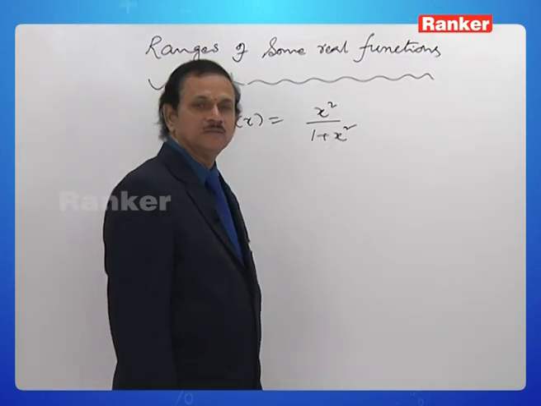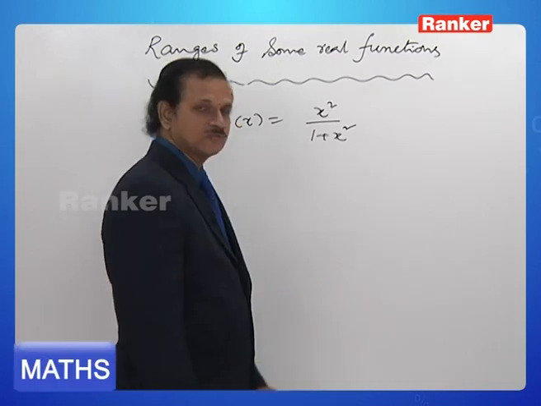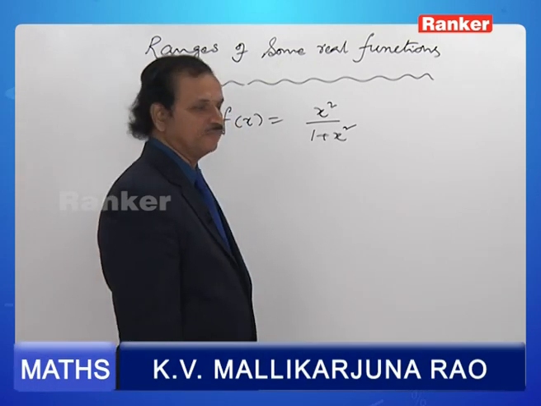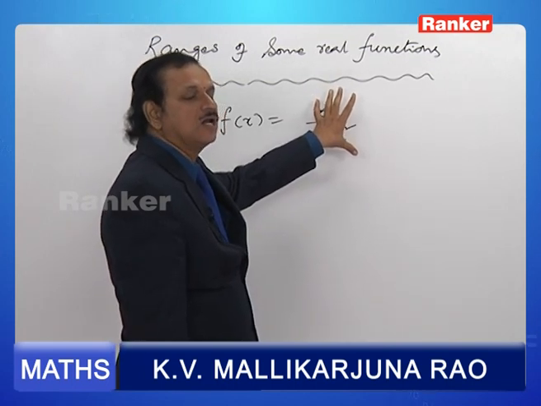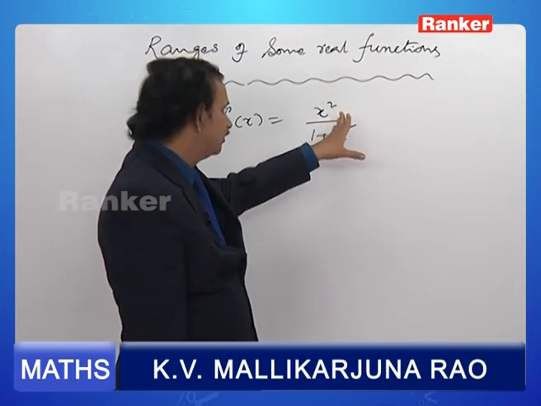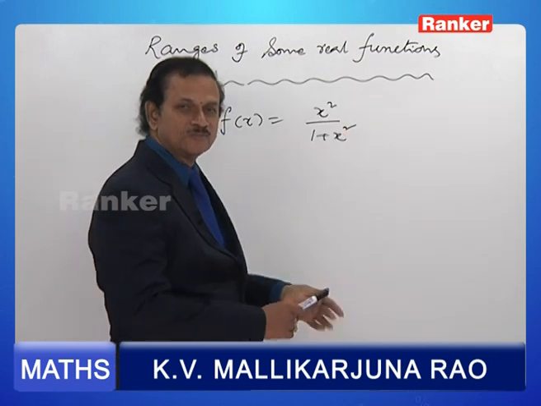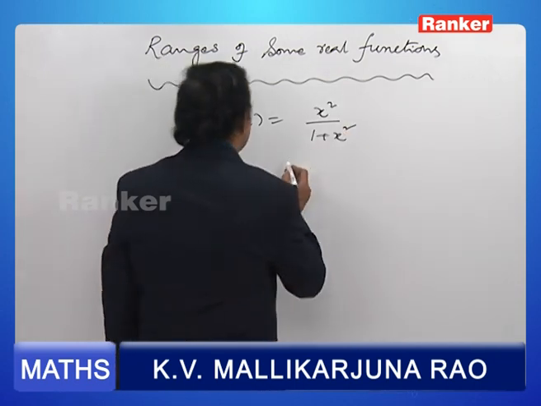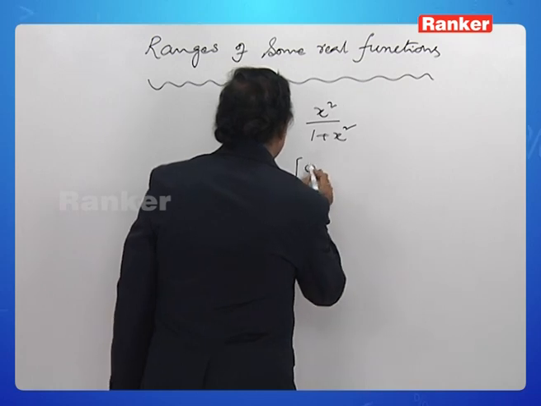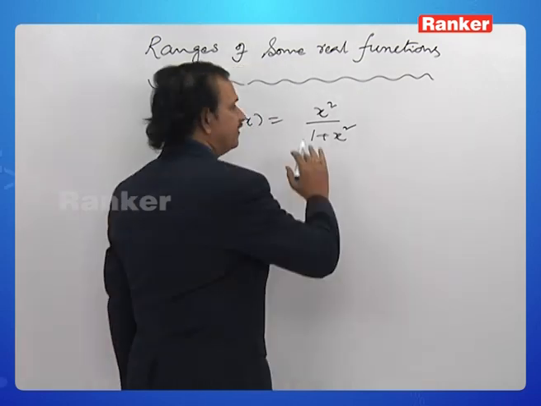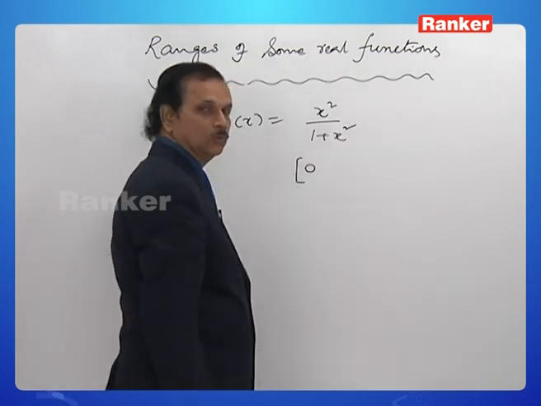X square, non-negative. 1 plus x square, absolutely positive. This is either positive or 0. Why? Because when x is 0, this becomes 0. Therefore, 0 is possible. Definitely this is greater than 0.